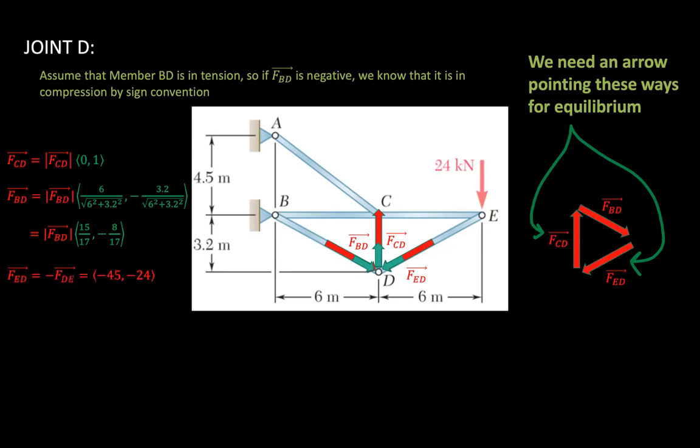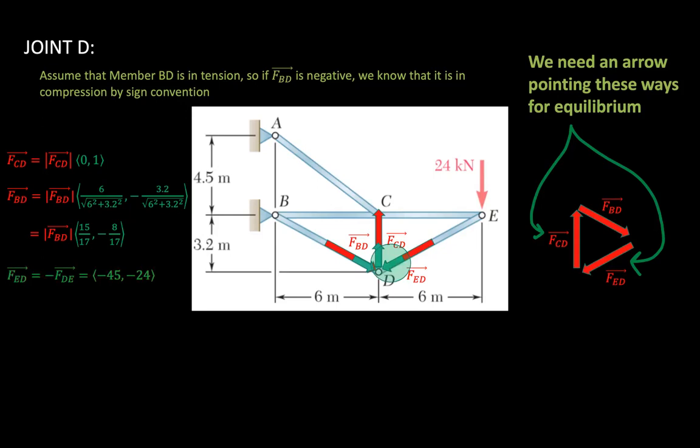And FED as a vector is equal to negative FDE, and that is equal to negative 45, negative 24 from what we solved previously, because in the previous slide we solved for FDE. So the unit vector 0, 1 is this unit vector, the second unit vector along BD.